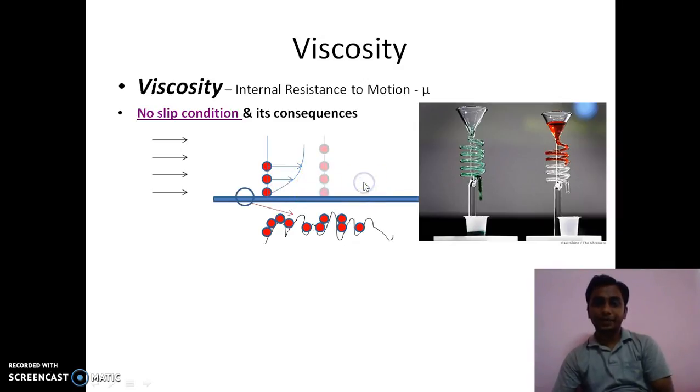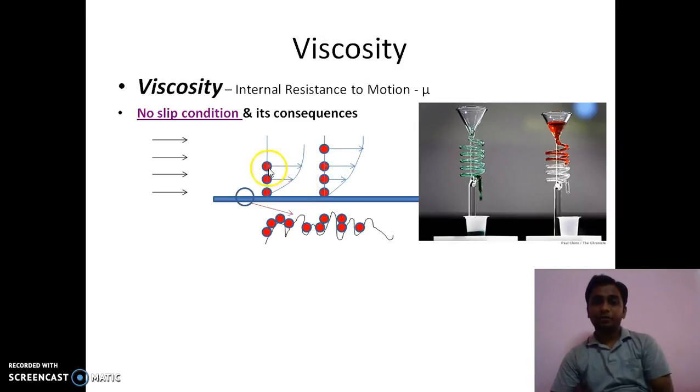Similarly, if we take another section of the same plate, and again in the y direction we have different molecules, and we repeat the same procedure, drawing the velocity vectors for each molecule and drawing the profile, you will find that again you get a velocity distribution.